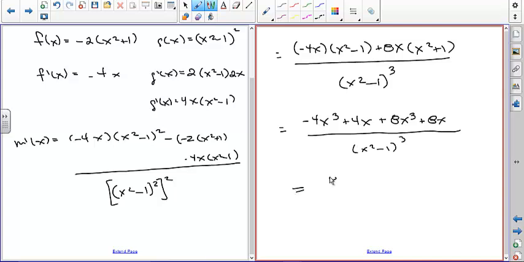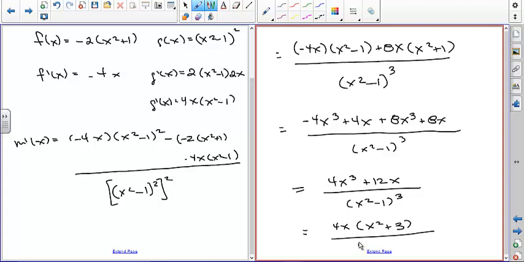So we end up with 8 minus 4 is 4, so you get 4x cubed plus 12x, all divided by x squared minus 1 cubed. And you can factor out a 4x, so you get 4x times x squared plus 3 divided by x squared minus 1 cubed. So that's the second derivative.